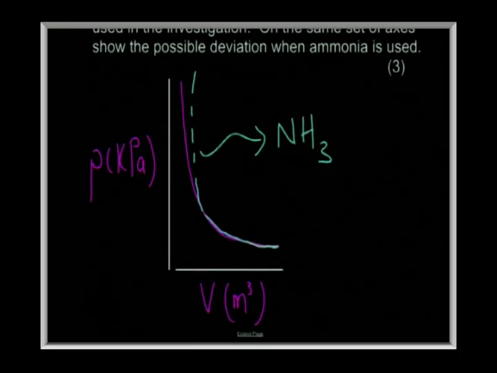And the reason why is because at very, very high pressures, the particles are very close to each other, and what will happen to a real gas is that it will liquefy. Remember, one of the definitions of an ideal gas, the particles are identical in every way, is the first one. The next one is that there are no forces of attraction or repulsion between the particles.